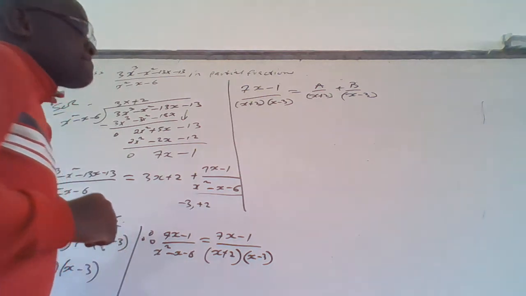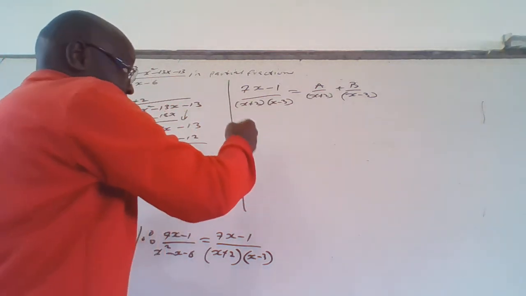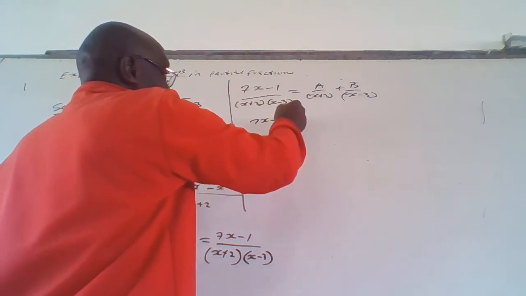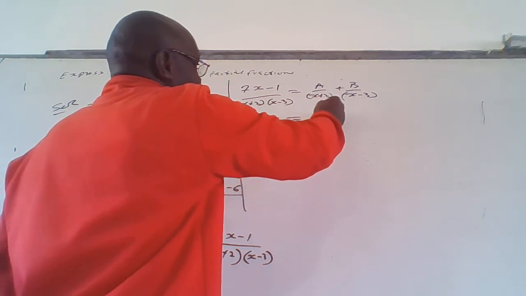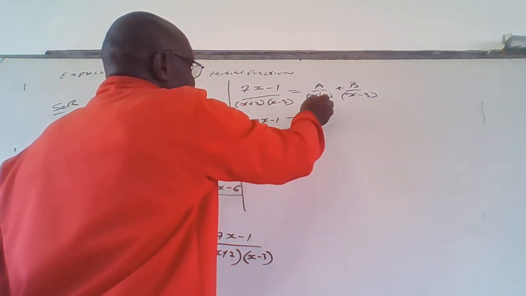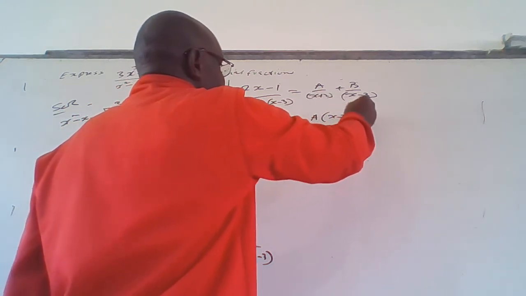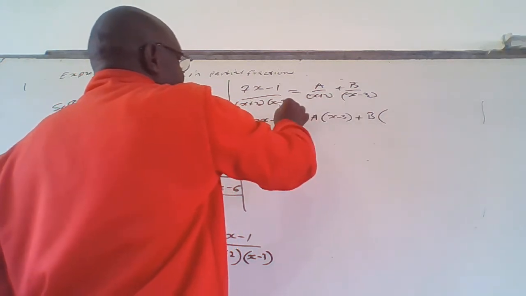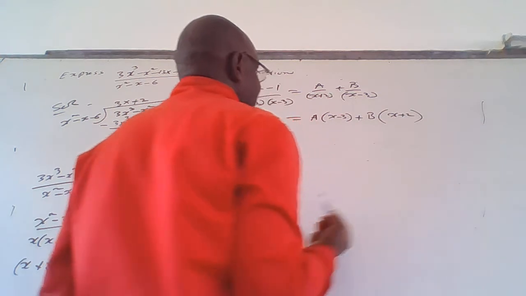So we multiply through by the original denominator. On this side will remain 7x minus 1, here will remain A times (x minus 3), since x plus 2 cancels, then plus B times (x plus 2), since x minus 3 cancels.